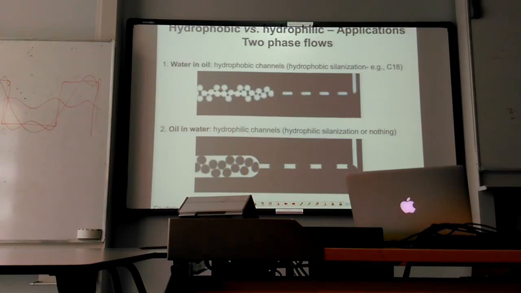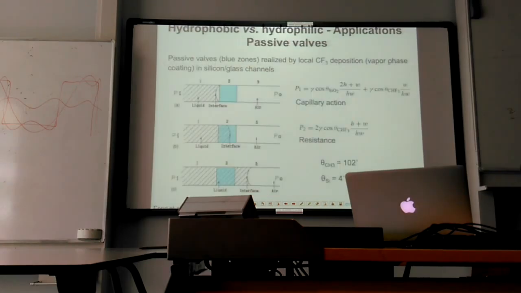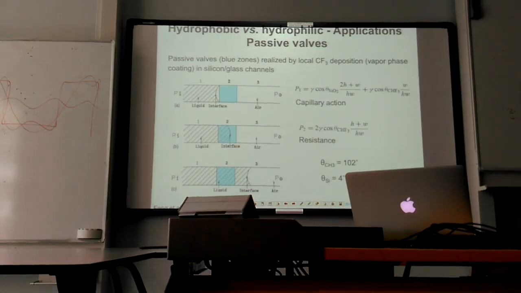So that's one application. Another application is to make valves. If you have a channel which is hydrophilic, your liquid will fill your channel very quickly. If your channel is hydrophobic, then your liquid will go slowly, and you may have to apply a higher pressure if you want your liquid to go in your channel.